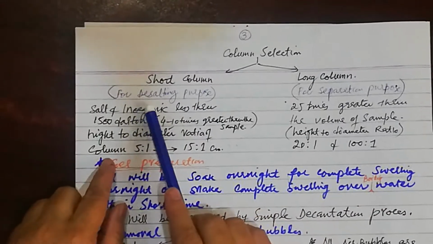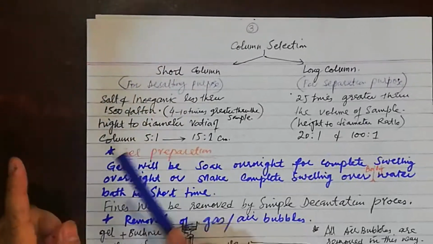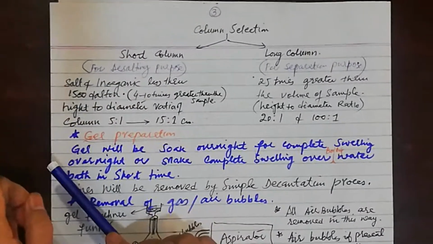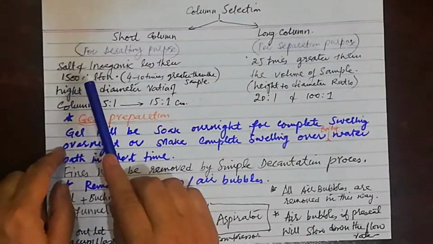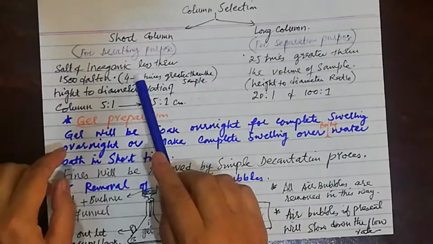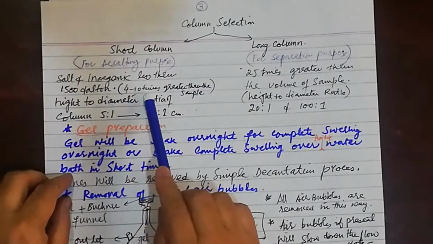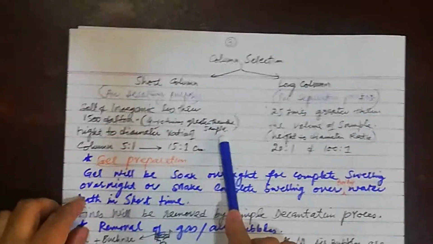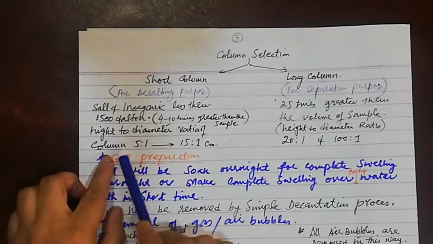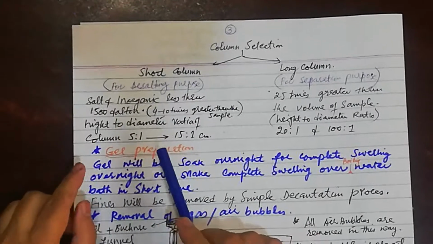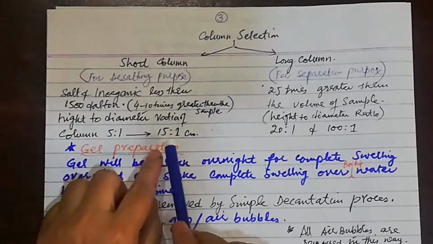Short columns are used for the desalting purpose, as I discussed earlier in the desalting process of proteins, for salts and inorganic constituents less than 1500 Dalton, with a column volume 4 to 10 times greater than the sample volume. Short columns have a length to diameter ratio of 5:1 or 15:1.